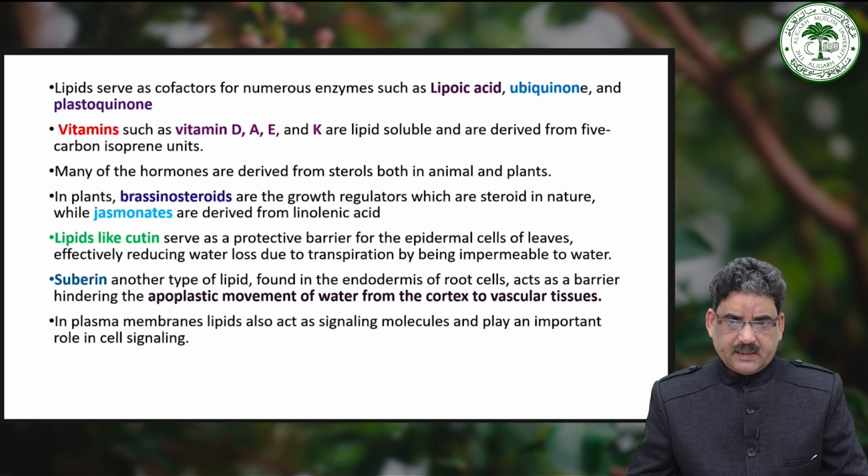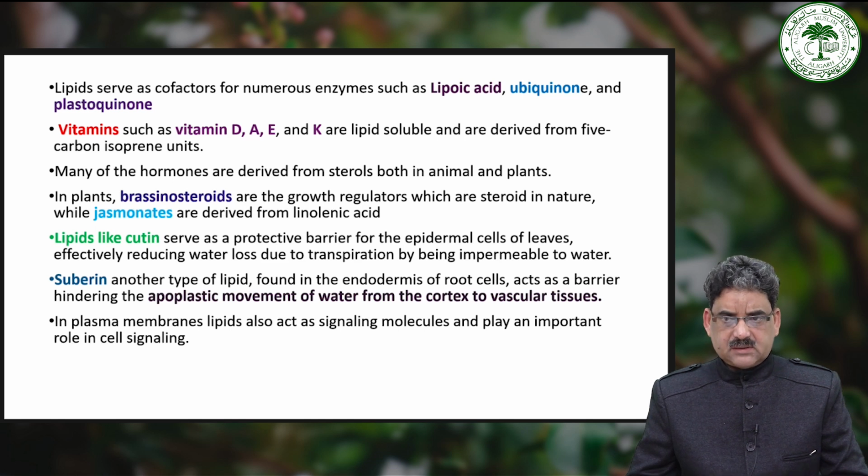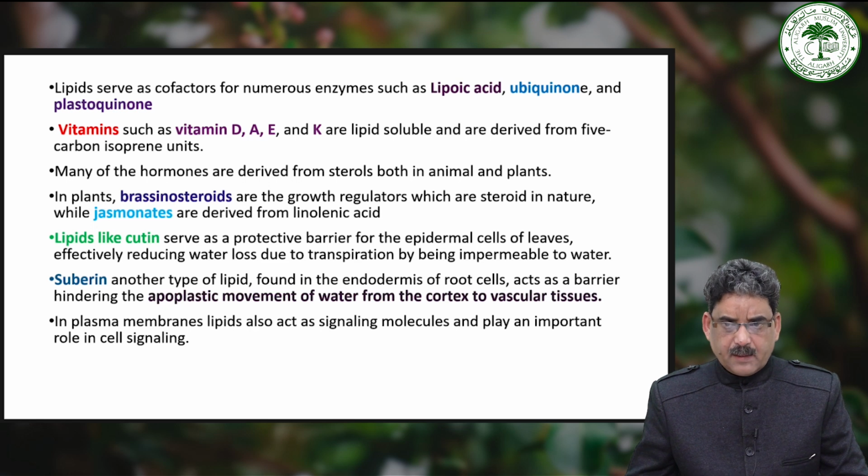Suberin, another lipid type found in the endodermis of root cells, acts as a barrier restricting the apoplastic movement of water from the cortex to vascular tissues. In plasma membranes, lipids also serve as signaling molecules, playing a crucial role in cell signaling.